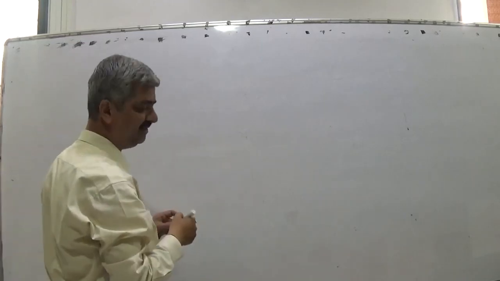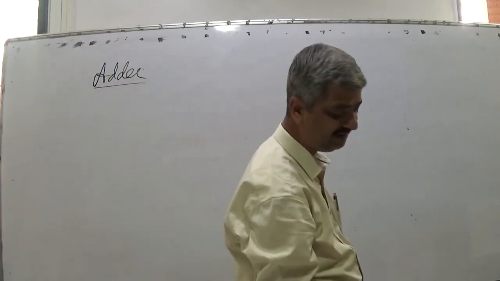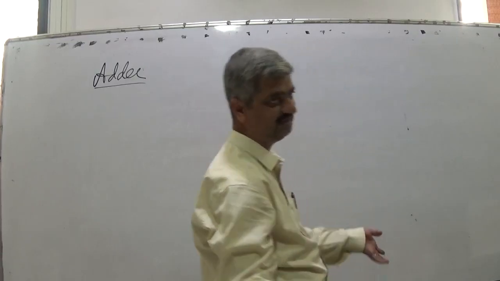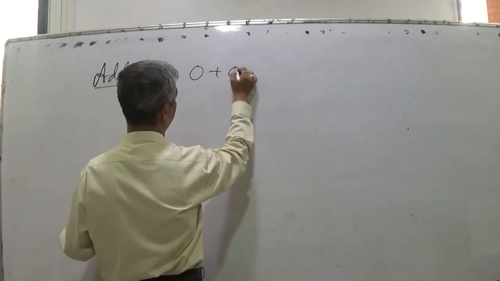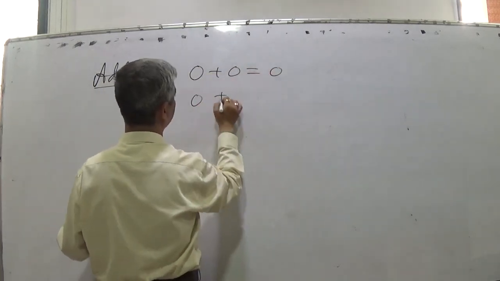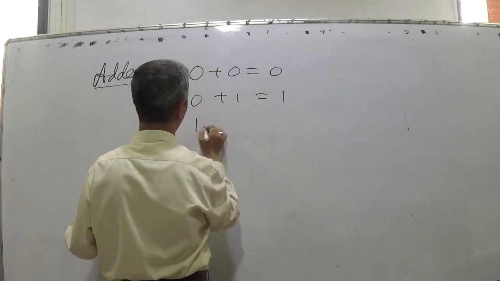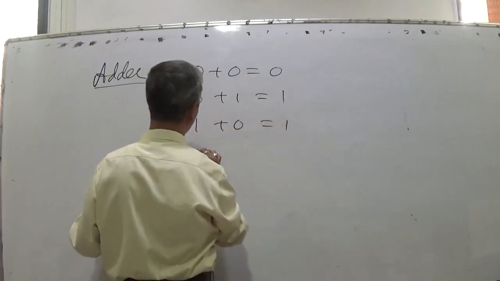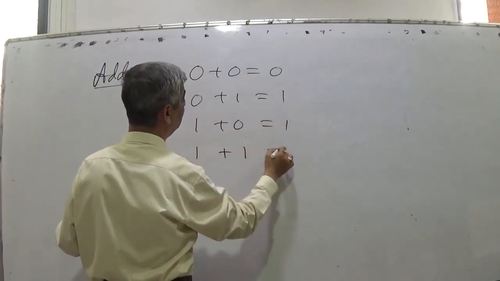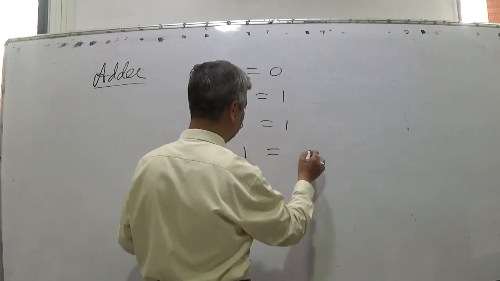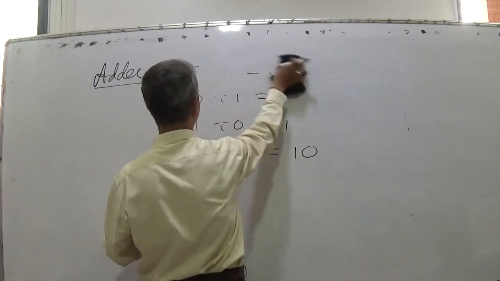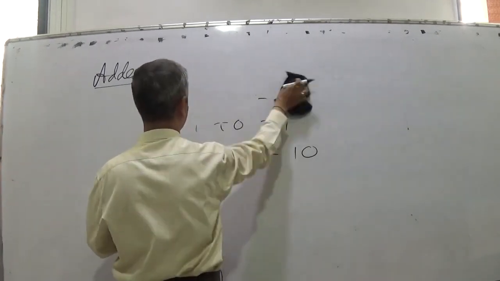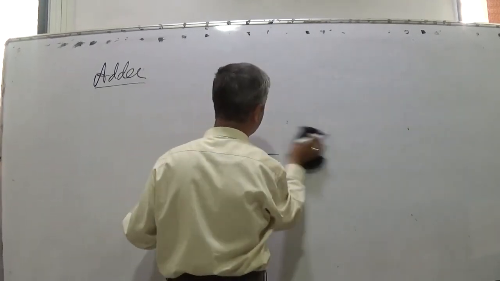In binary arithmetic, I think it is now something which is quite simple. You know that 0 plus 0 is 0, 0 plus 1 is 1, 1 plus 0 is 1 and 1 plus 1 is 0 and carry 1. I think it is quite simple, just like primary school arithmetic.